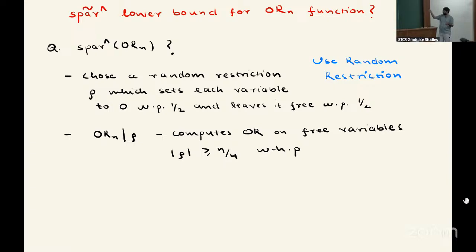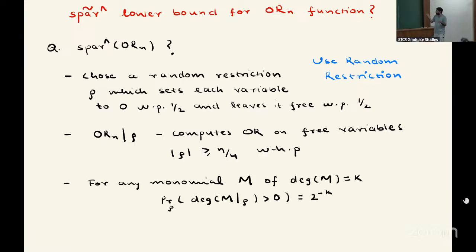Since each variable is set to 0 or left free independently, we know that with good probability the number of free variables will be about n by 4, by a basic Chernoff bound. Moreover, if we have any monomial of degree k and hit it with this restriction, it will become a constant, that is, be killed, with probability 1 minus 2 to the minus k, right?